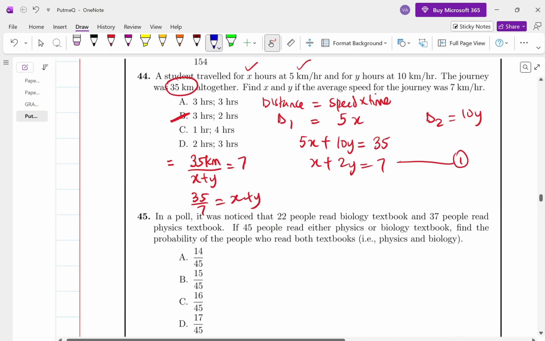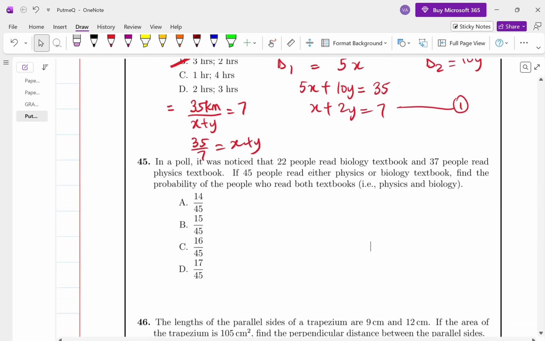Okay, next one, question 45. In a poll, it was noticed that 22 people read biology textbook and 37 people read physics textbook. If 45 people read either physics or biology, find the probability of the people who read both textbooks.